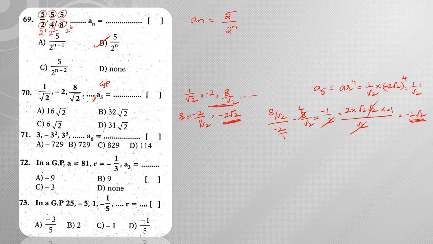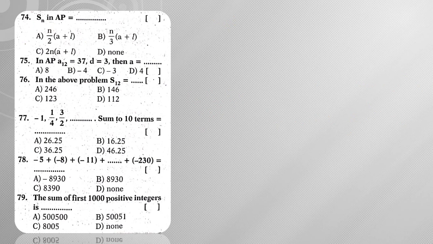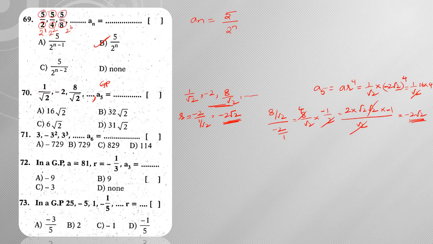Next, 2 power 4 is 16 into root 2 whole power 4 is 4. This root 2 in 4, I can cancel it, because 4 I can write as 2 into root 2 into root 2. So 16 into 2 root 2 is 32 root 2. Hence the answer is 32 root 2.